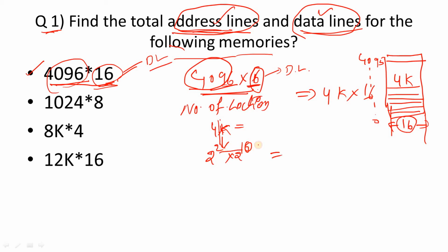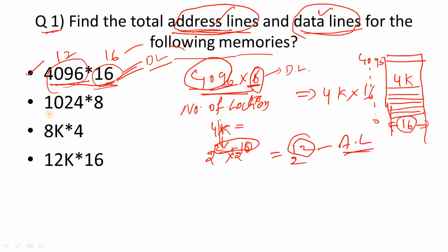Add these two powers, 2 plus 10, that means 12 address lines, 2 power 12. So as per this memory, 4096 locations, 12 address lines, 16 data lines.